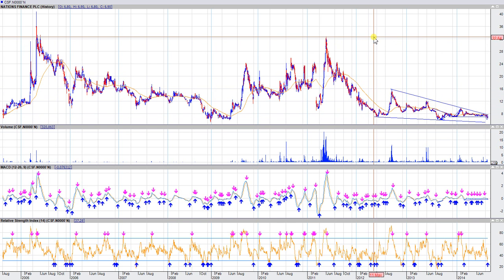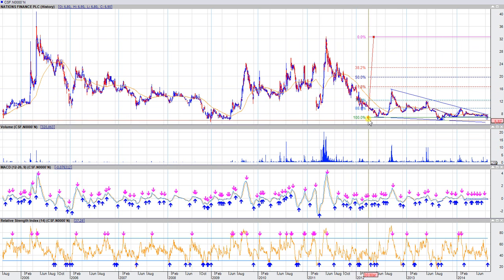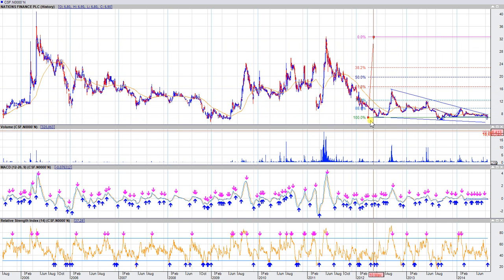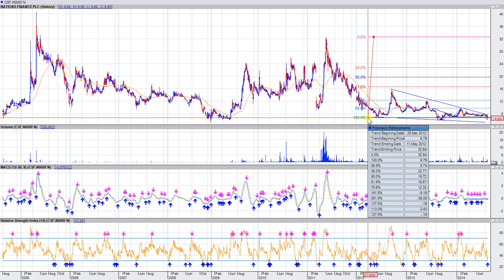Let me see here. This is the 100 point here, but I'm not able to see where this 113 is coming. So okay, the 113 level is coming around 343. Okay, so you could see here 113 percent in the Fibonacci retracement. 113 comes around 343.